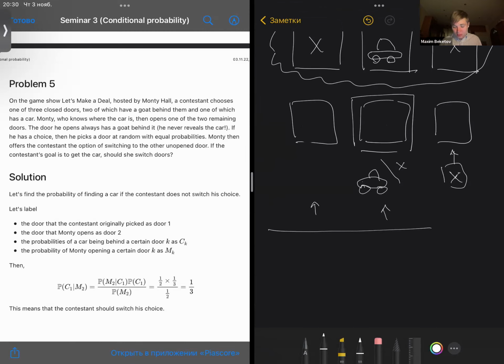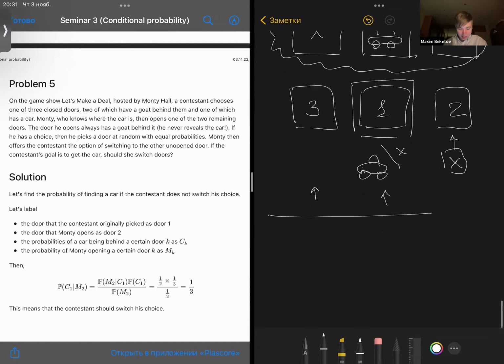You first picked this door. Then Monty opened this door number two, and there was a goat behind it. And there's this third door here, right?